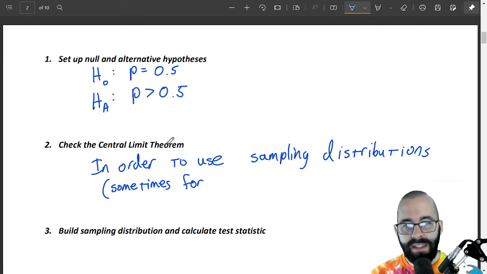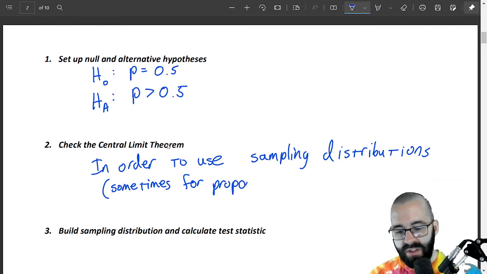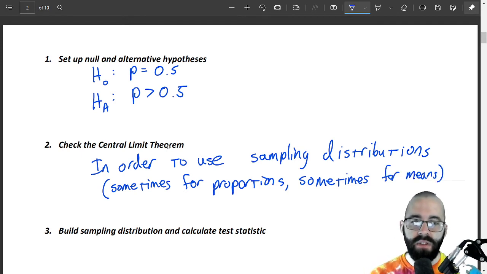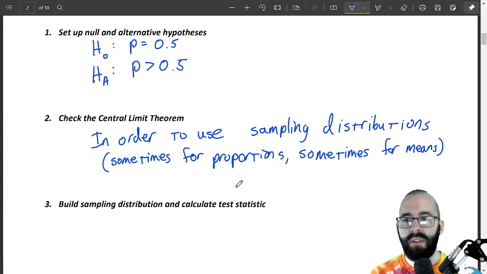Remember back to unit 6. Sometimes for proportions, that'll be one set of checks, and sometimes for means, that'll be a different set. In the homework, it's fully focused on proportions. But there are other situations where means will pop up as well.